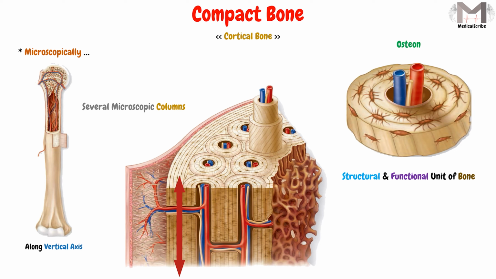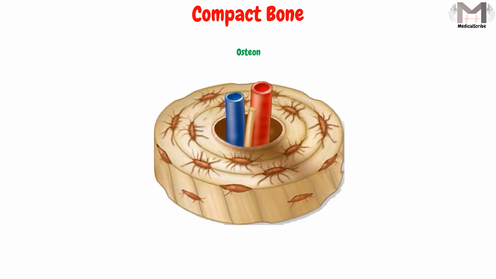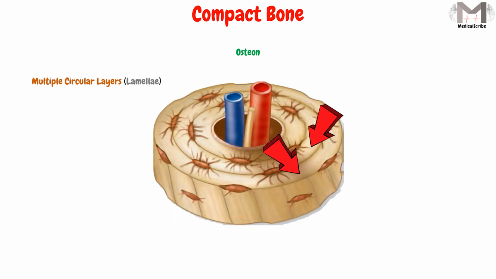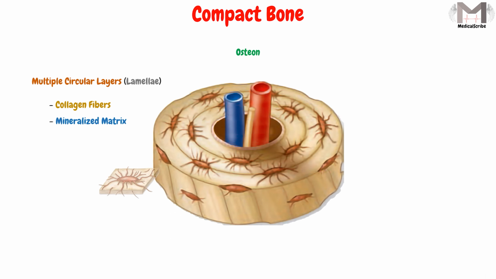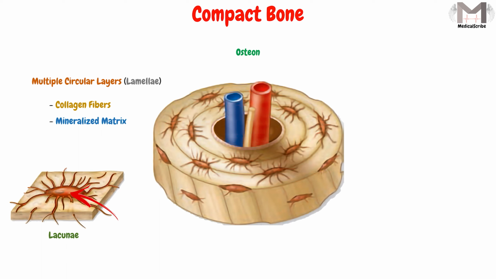Each osteon consists of multiple circular layers called lamellae. These layers are formed by collagen fibers and the mineralized matrix. And in these lamellae, there are cavities called lacunae. These lacunae make a space for osteocytes and osteoblasts, which are the bone cells.